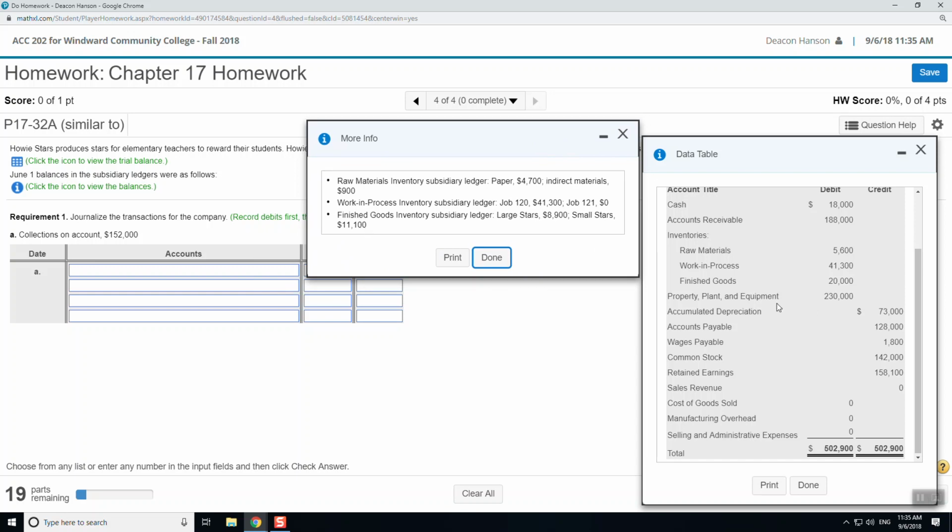The raw material balance in the trial balance, 5,600, is made up of 4,700 in paper and 900 in indirect material, because 4,700 and 900 equals 5,600. But I'm just going to double check that to make sure.